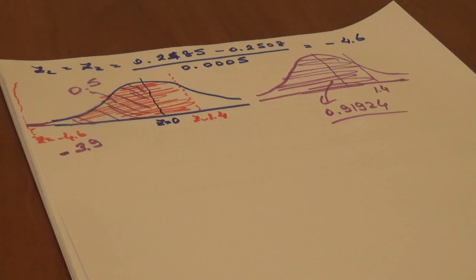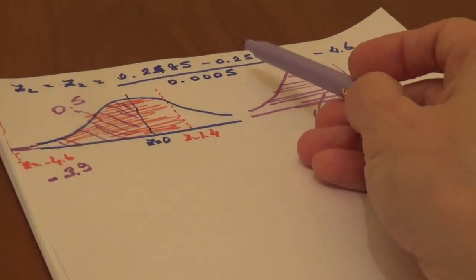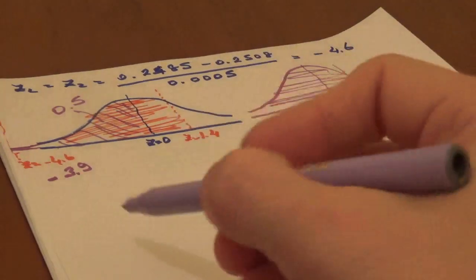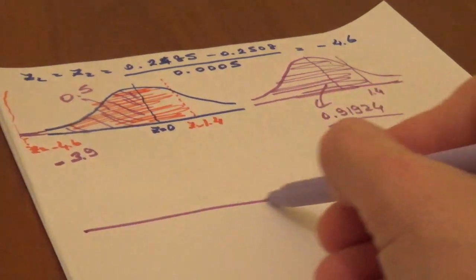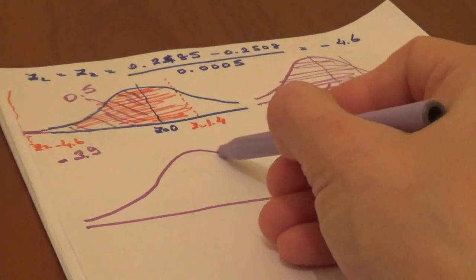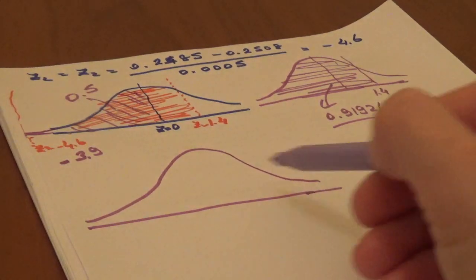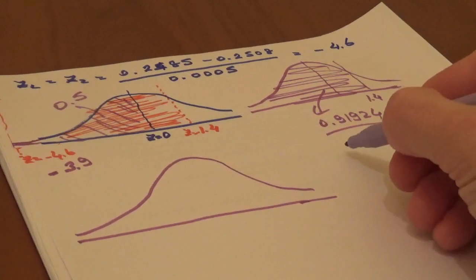Nominal value. So let's assume that we are producing at 0.25. What would be the area under the curve? What were our specifications?